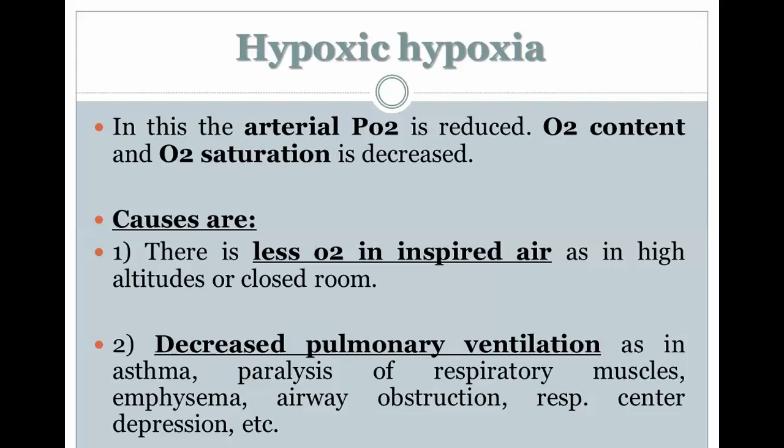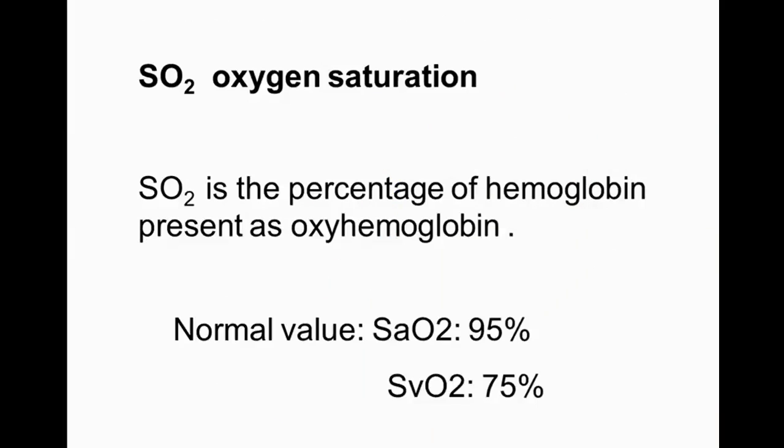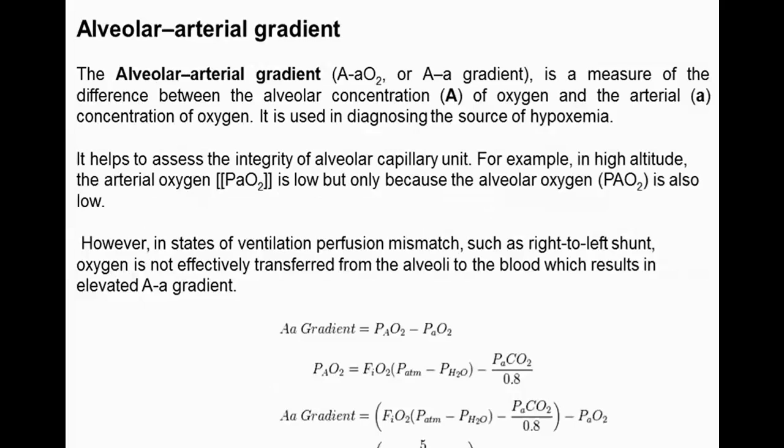Is it clear or not? High altitude, what about the barometric pressure, atmospheric pressure? The altitude decreases the pressure. When the barometric pressure decreases, what will occur? It's not 760, it's 600 only.